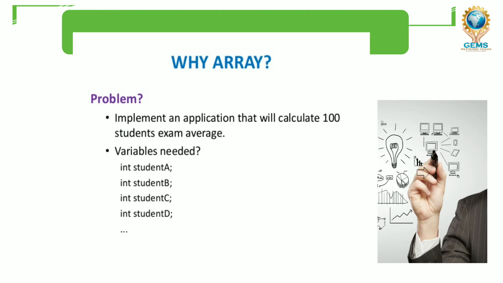It is a risky, tedious process. We have to create the variables and initialize the marks for each variable. Each and every time declaring variables and assigning values, it is a risky process, and we have to do it a number of times.